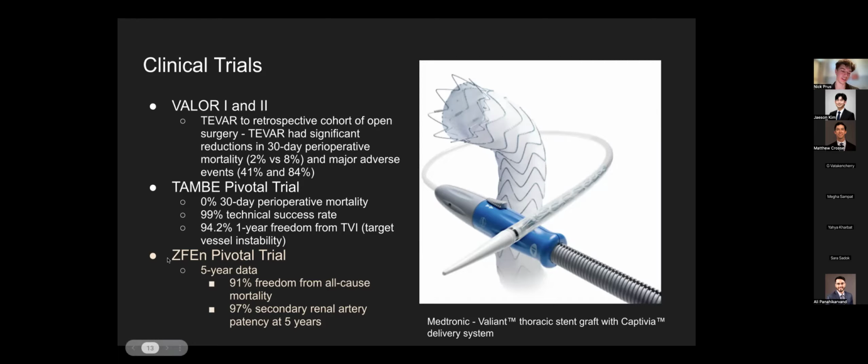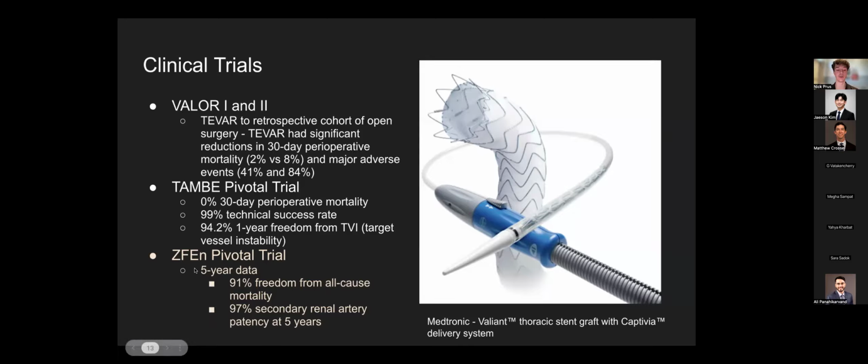The ZFEN pivotal trial, this is for a AAA juxtarenal aneurysm device, if I remember correctly. So this isn't as applicable for thoracoabdominal aortic aneurysms, but it's still a complex aneurysm, and I'm going to talk about it a little bit later.